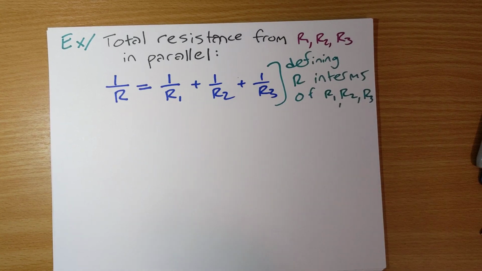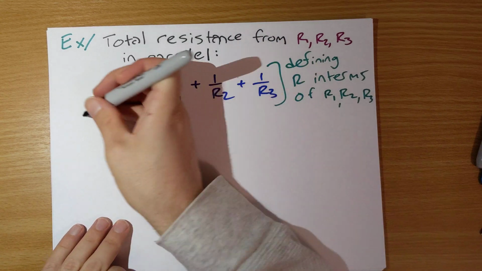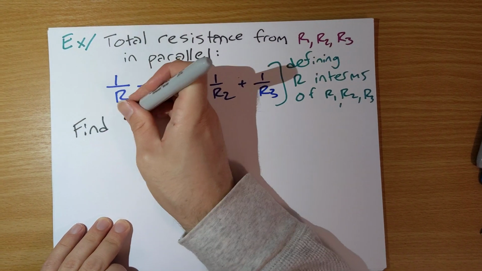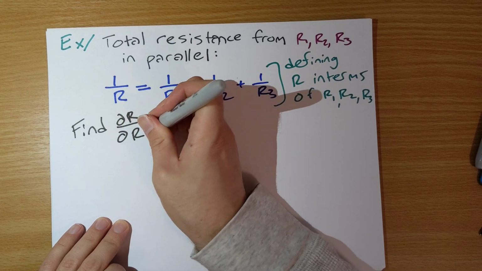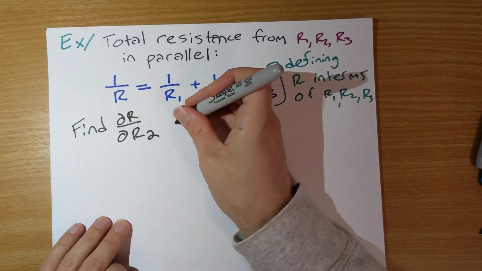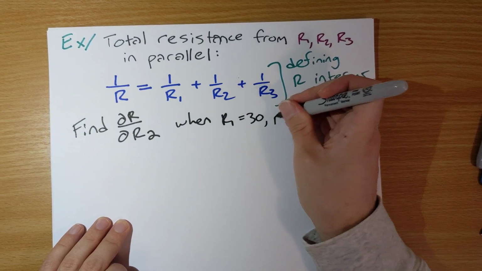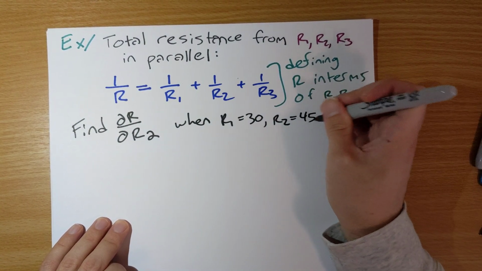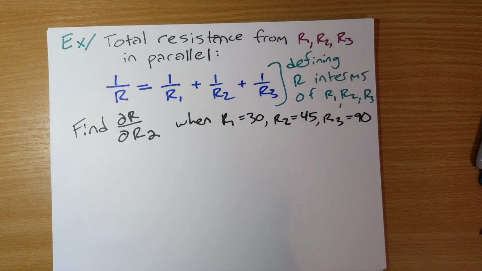And in fact, I'm stealing this problem from the book because I think it's a good problem here. We're told to find the partial derivative of R with respect to R2 when R1 is 30, R2 is 45, R3 is 90, and the units here are ohms.